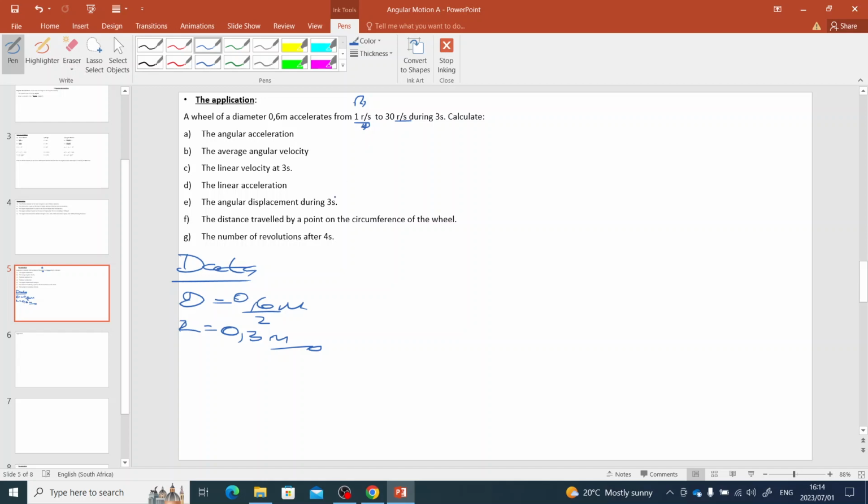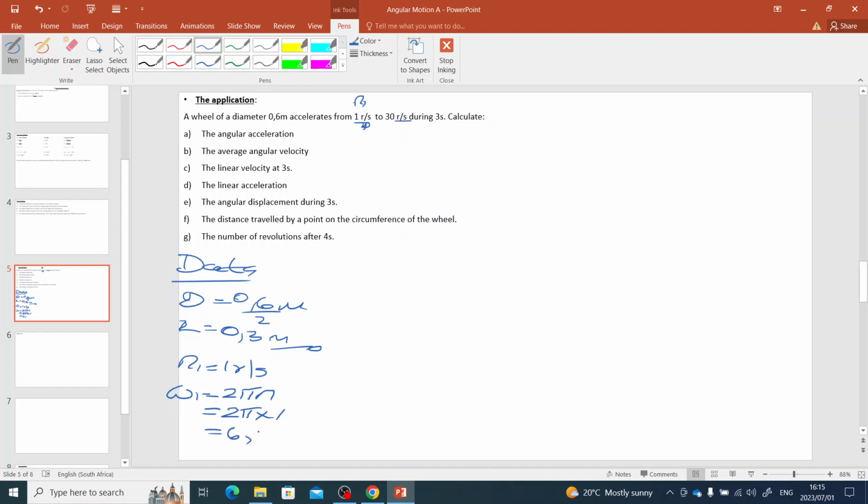Now, based on that information, we are given n1, it is 1 rev per second. Let's go ahead and convert it into omega. Omega 1 would be 2 pi n. It is 2 pi multiplied by 1.